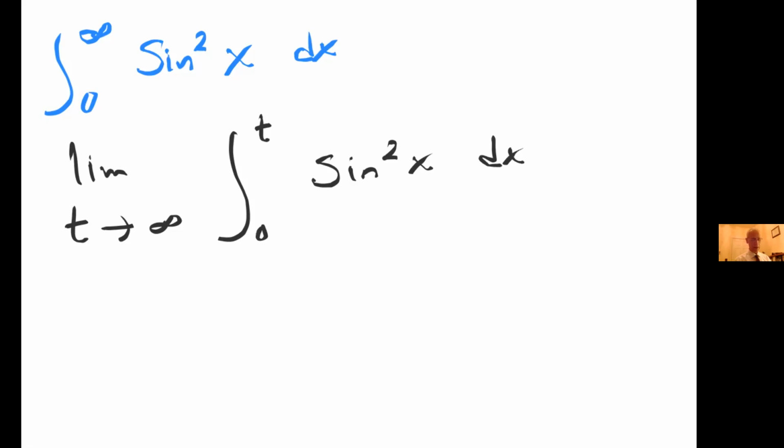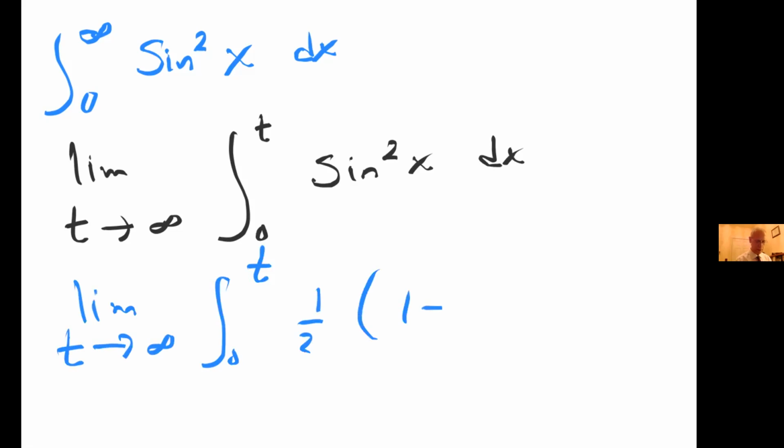So now I'm going to break down this sine squared of x using reduction formulas. This becomes limit as t is approaching infinity, from 0 to t, 1/2 times 1 minus cosine of 2x dx.